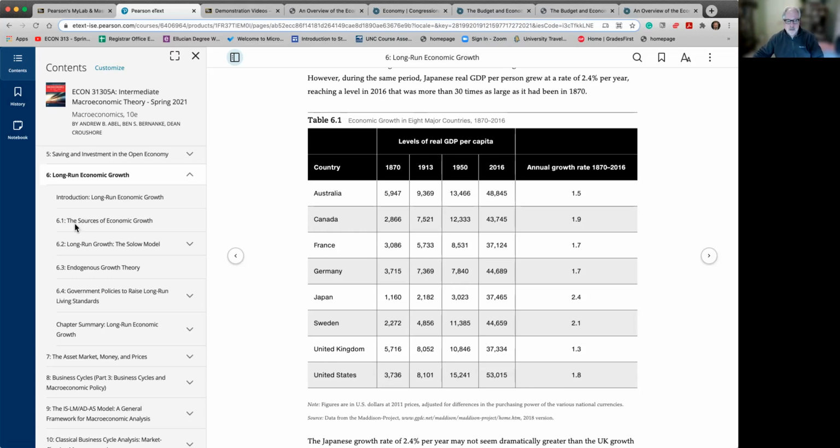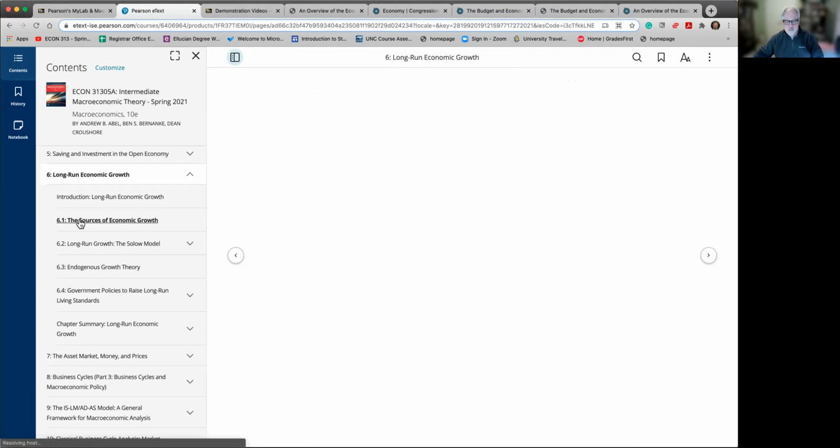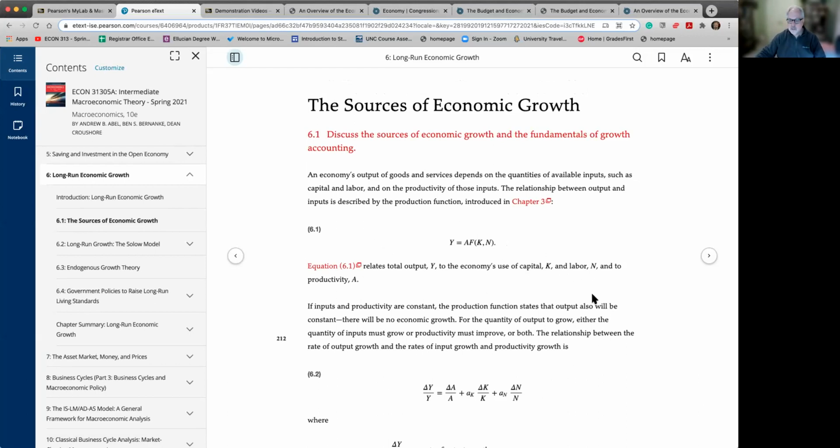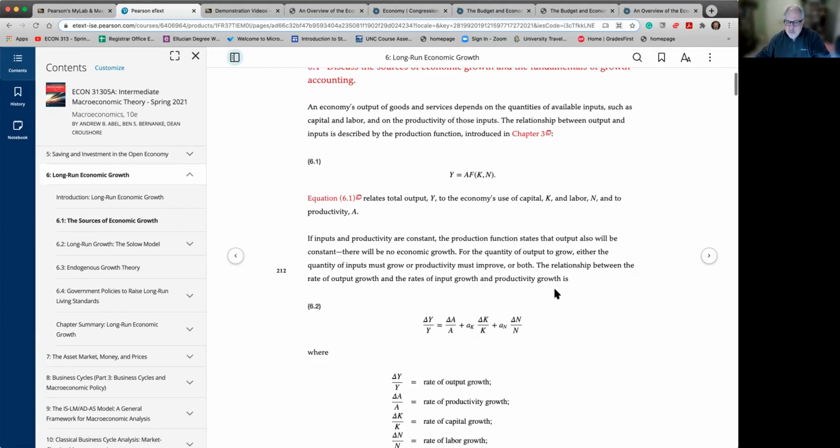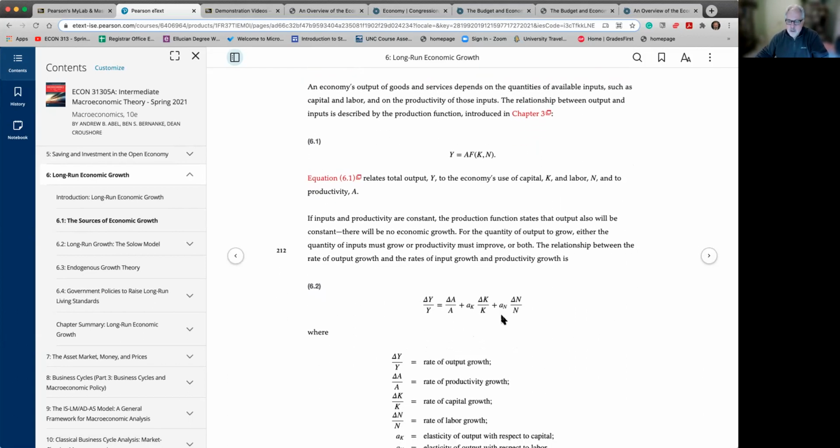So let's look at section 6.1. In section 6.1, we're introduced to the notion of growth accounting, right? And it comes from the production function that we learned back in chapter 3. And we can break that production function up into this equation by looking at changes rather than just the levels, right?